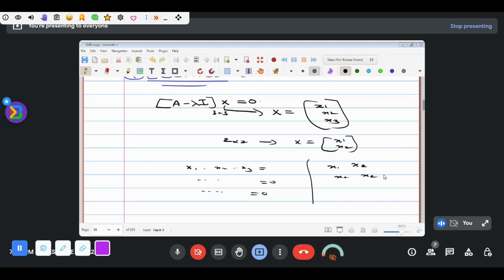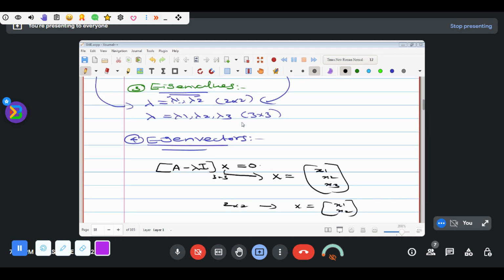You want to solve those equations. Already you know how to solve linear equations. Solving them, you get x1 equal to some value and x2 equal to some value. Those values are the eigenvectors for a 2 by 2 matrix.